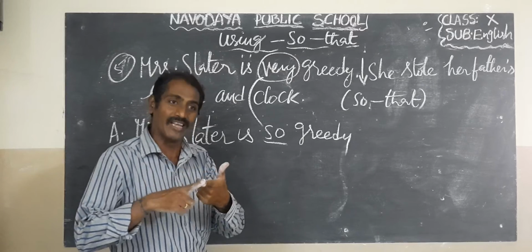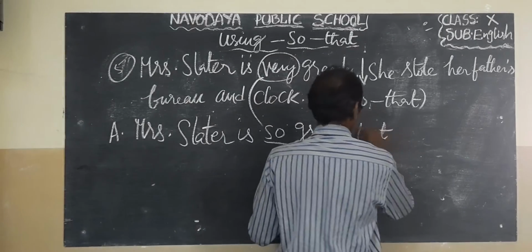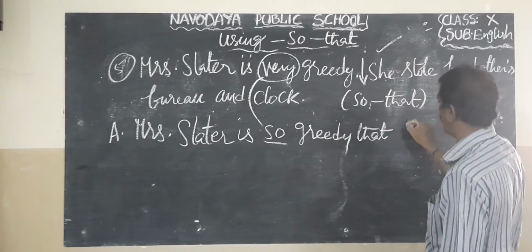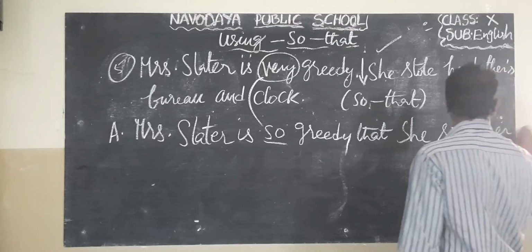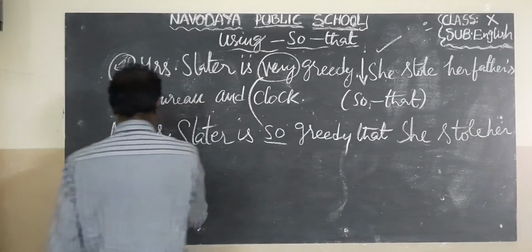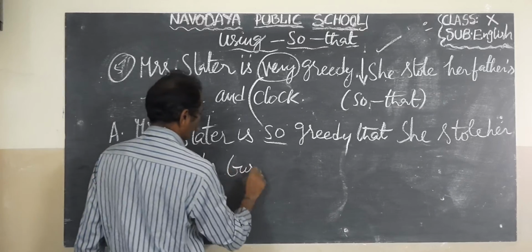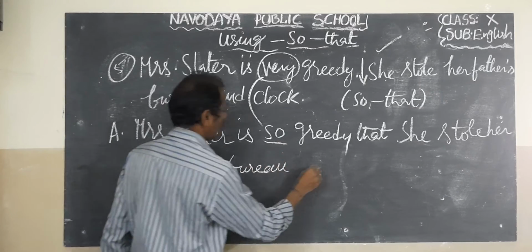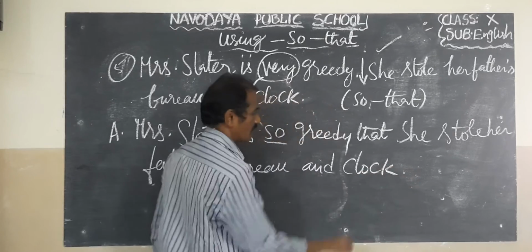So we should write here a conjunction like "that". Next, the subject is already given. So what is the subject? She stole her father's bureau, father's bureau with apostrophe, and clock.